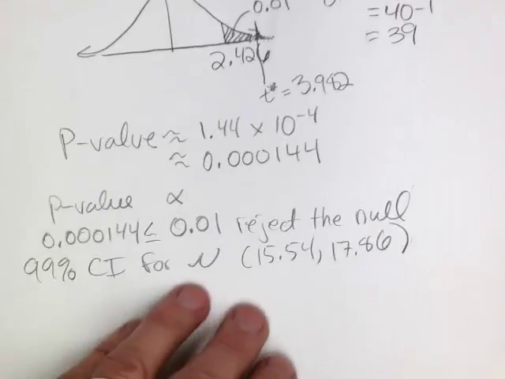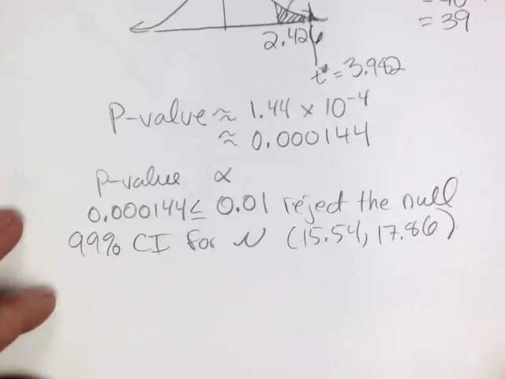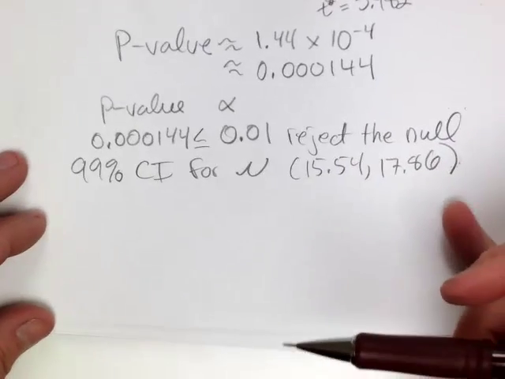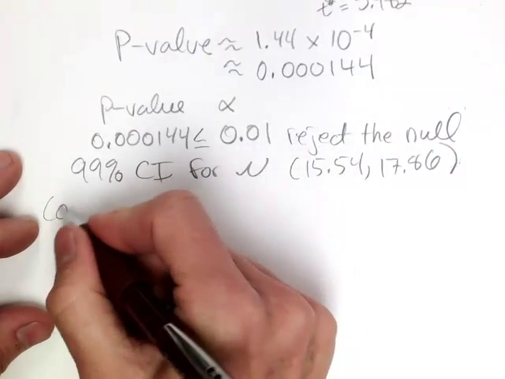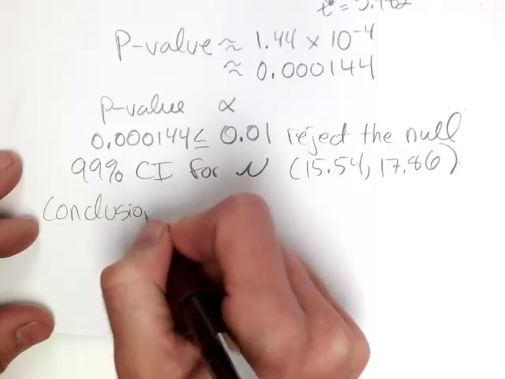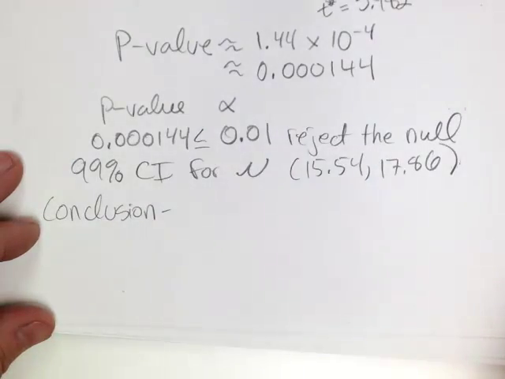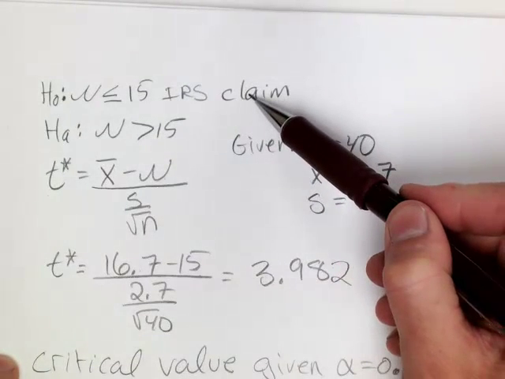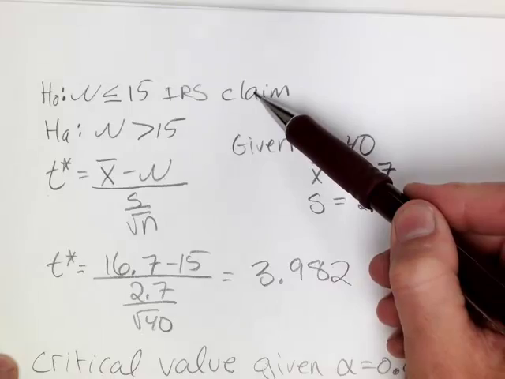Okay, so next to last thing we want to do is state the conclusion. Okay, so the conclusion is that we're going to reject the null. Now in this case, the null is the claim, and we're rejecting the null, so we're also rejecting the claim.